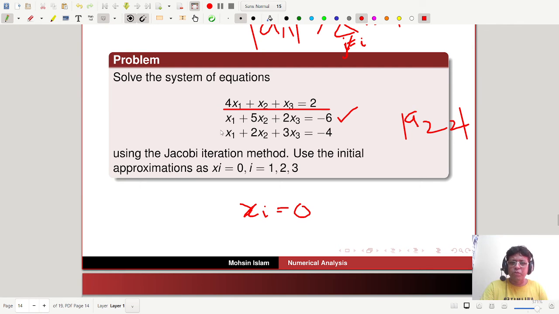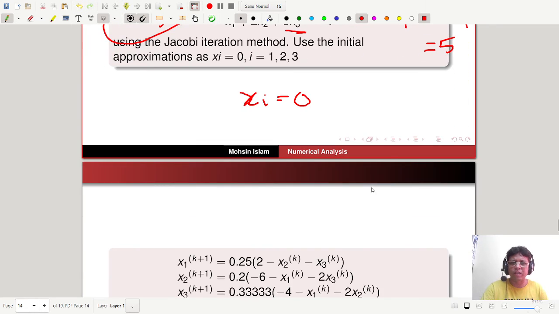So a22 must be greater than the others, and also you have a33. Your a22 is 5 and a33 is 3, right? So this is strictly diagonally dominant. Diagonally you have a greater magnitude than the sum of the others, so it is diagonally dominant.